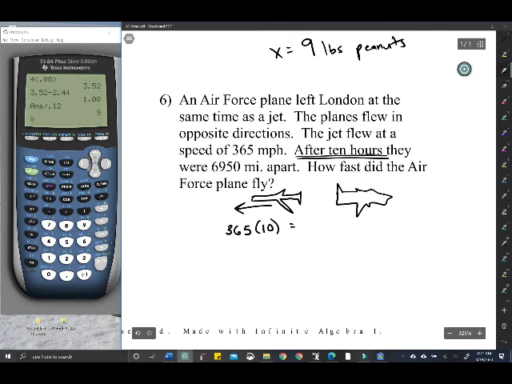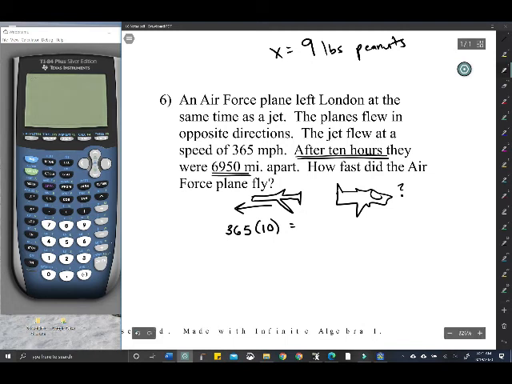All right, so there's our Air Force plane. Now after 10 hours, they were 6,950 miles apart. How fast did the Air Force plane fly? So we're trying to find this guy's speed. Now, the distance apart they are is going to go here.